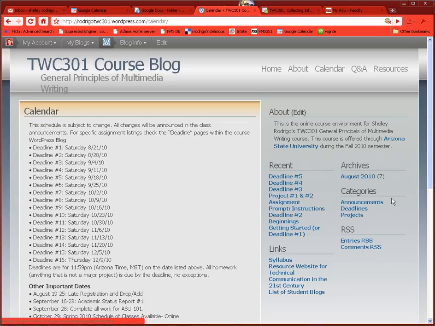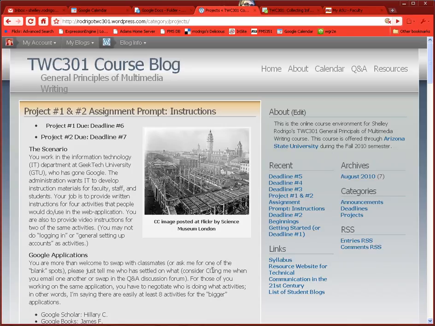Now, the third section of the course is the one labeled projects. You'll have homework for this course, but also, like English 101 or English 102, you'll have major multimedia writing projects, and those will be worth larger points, kind of like tests or big papers. Your first two projects are up here, due deadline 6 and deadline 7.